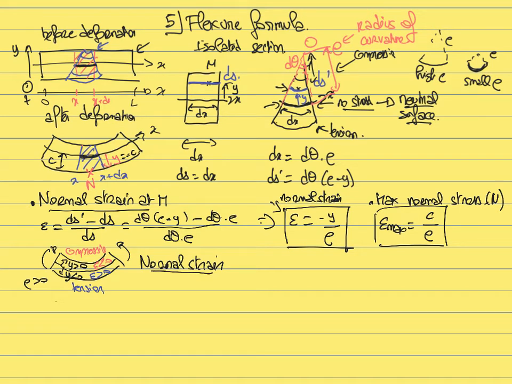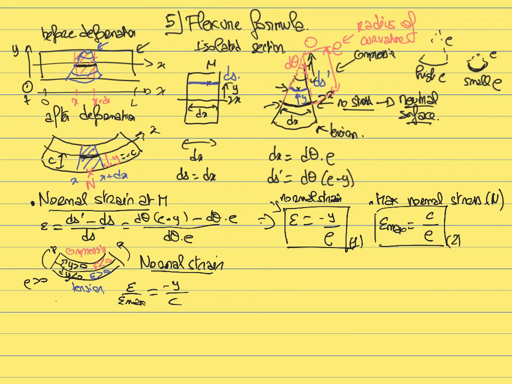So if you divide relationship 1 by relationship 2, you can rewrite this as epsilon divided by the maximum strain is equal to minus y, this is for the normal strain, divided by c, and then the rho cancel each other.